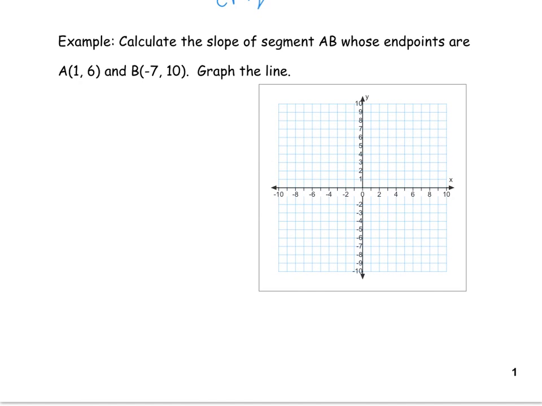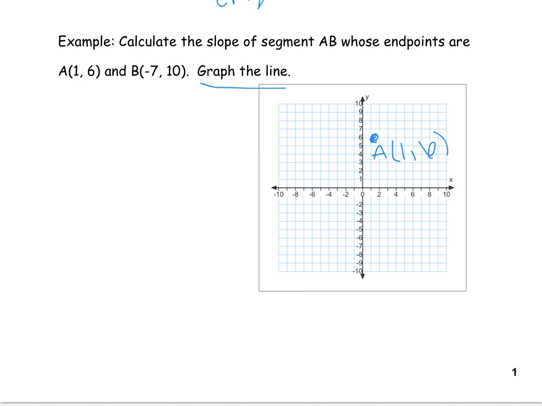So we're finding the slope of line segment AB, and we're given its coordinates. We'll start by drawing a graph, but you actually don't have to graph it to find the slope. Since the instructions say graph the line, we have to graph it. It's very important to follow instructions. So the first point is at x 1, and y is 6. So we go up to where y is 6, and that's where we'll put our first point, and I'm going to label it 1, 6.